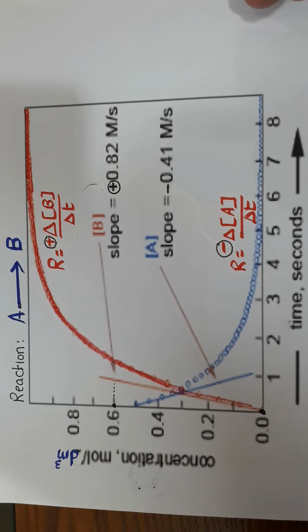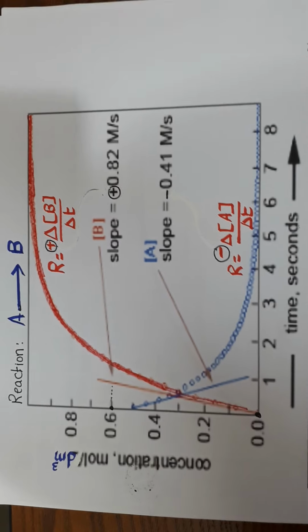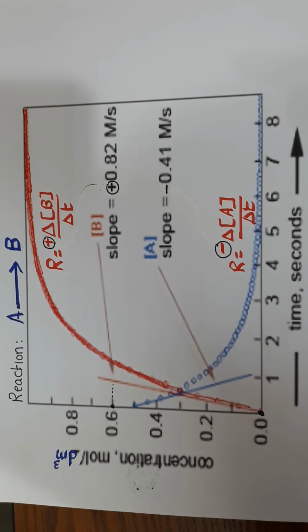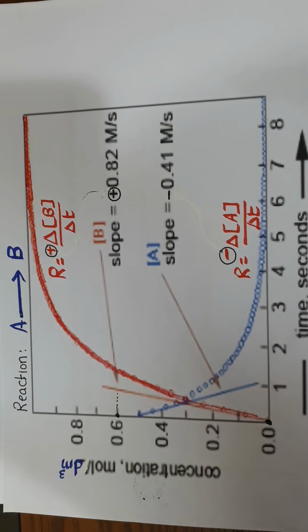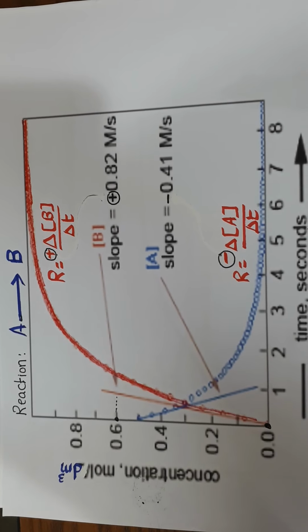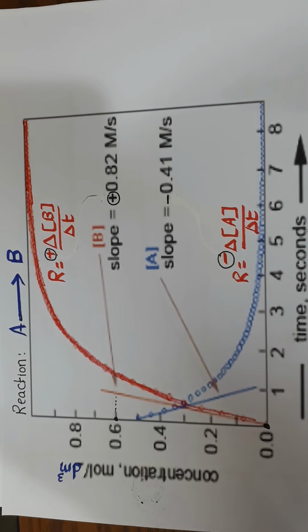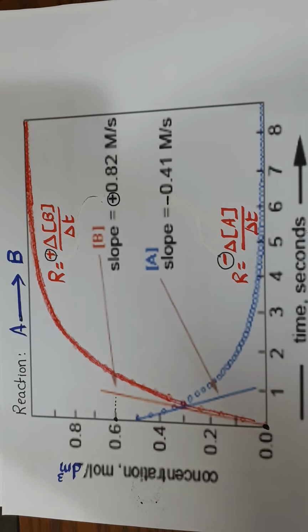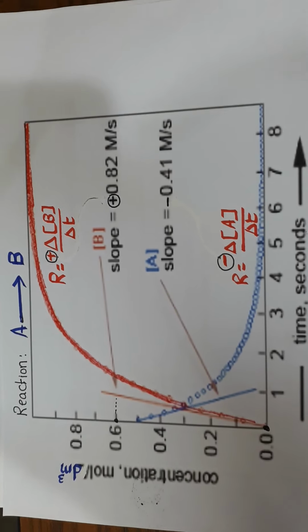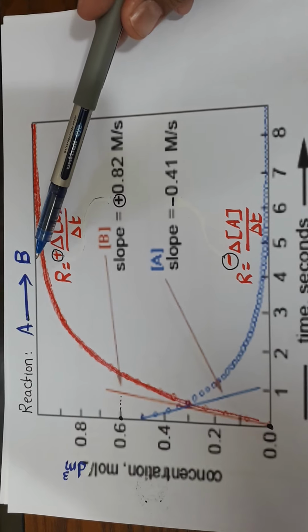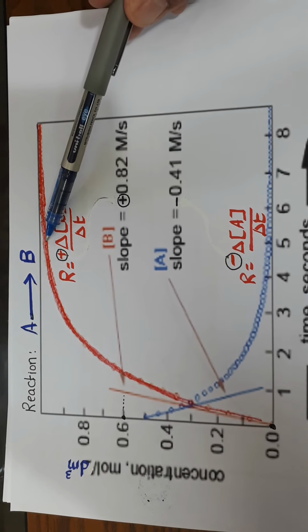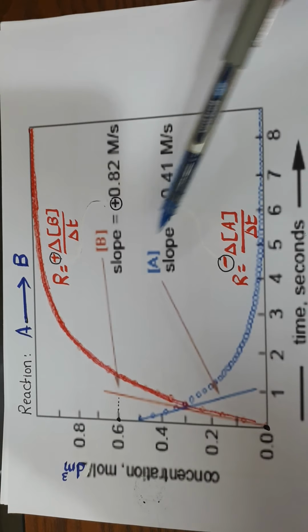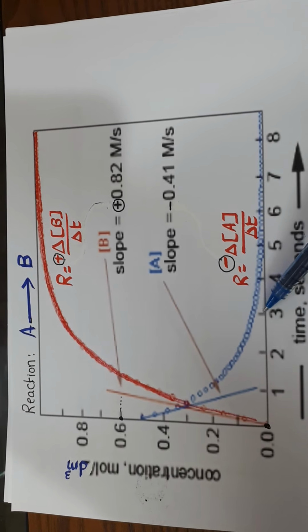To represent the rate of reaction, or the relation between the reactants and the products, this graph shows the relation between the change of the concentration of reactants and products. Suppose the reaction A changes to B. The red line represents the products, and the blue represents what?